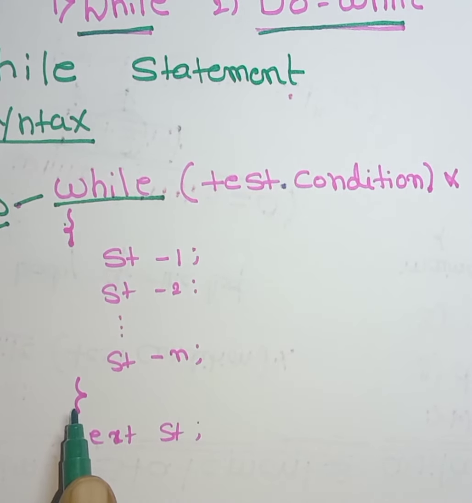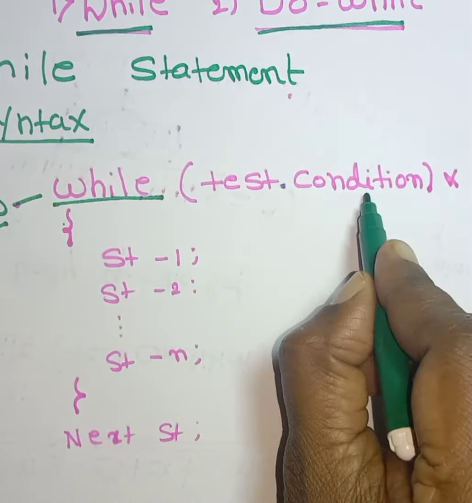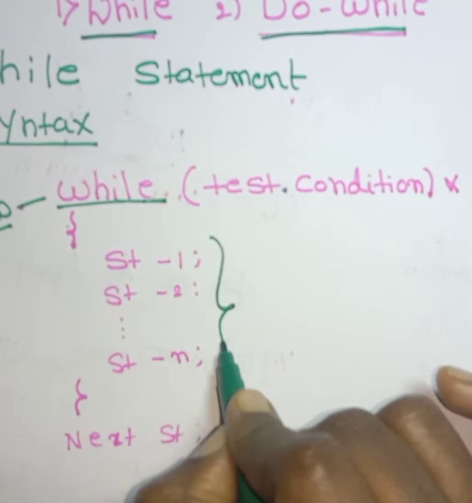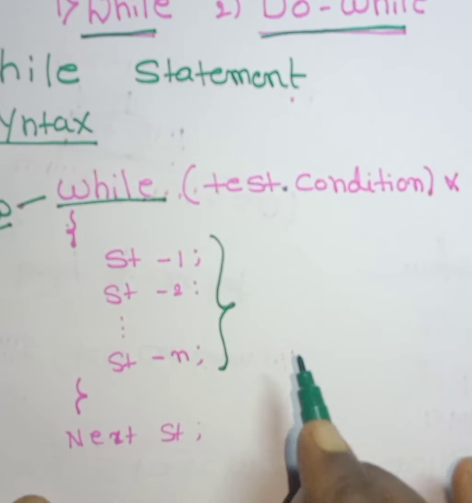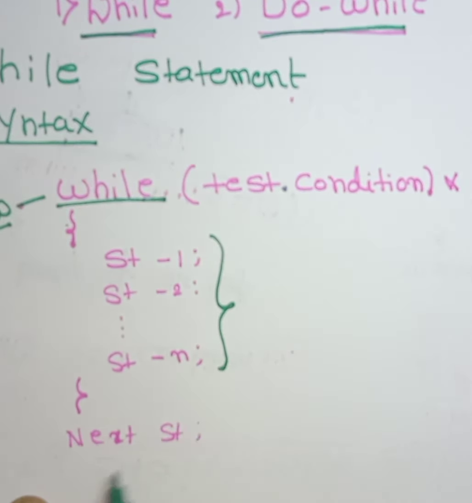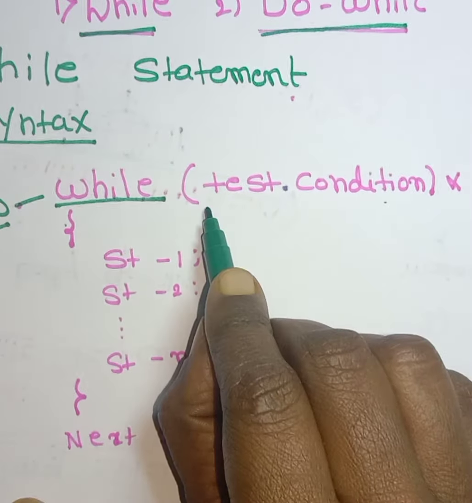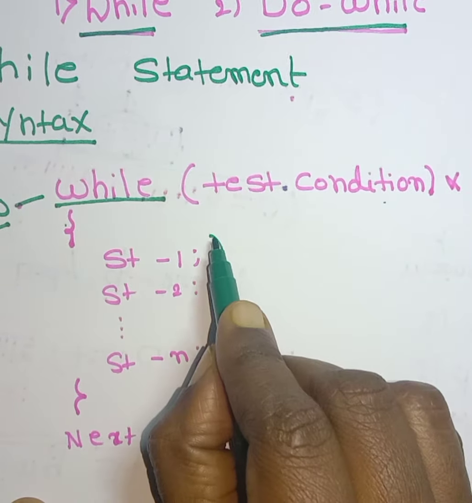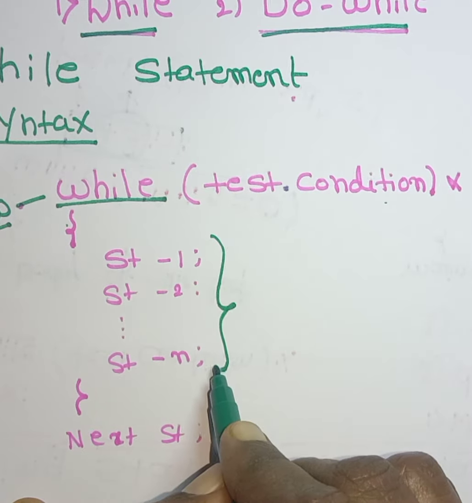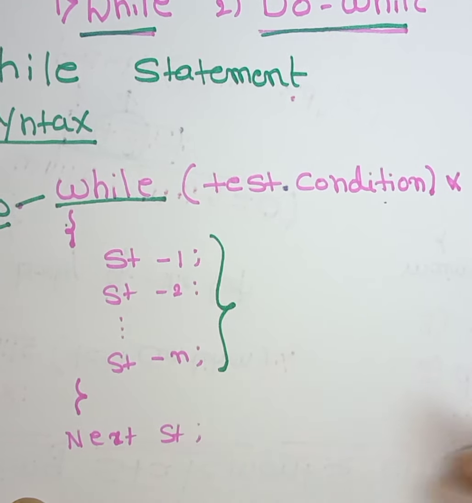If the test condition is true, this block is going to be executed. After executing this block, the next statement is going to be executed. According to the test condition, the statements get executed.